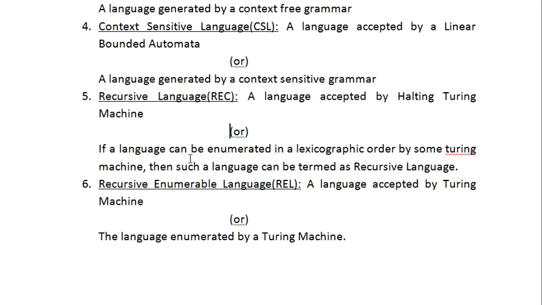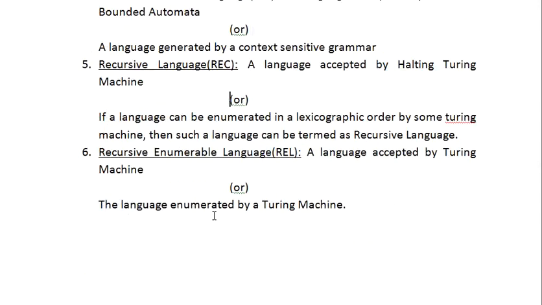In case of recursive language, the Turing machine has the concept of halting or accepting, halting or rejecting, or never halting, which means it will be continuously in a loop. You will learn that once you are done with all these units. So recursive language halts on every string. That is the main difference.